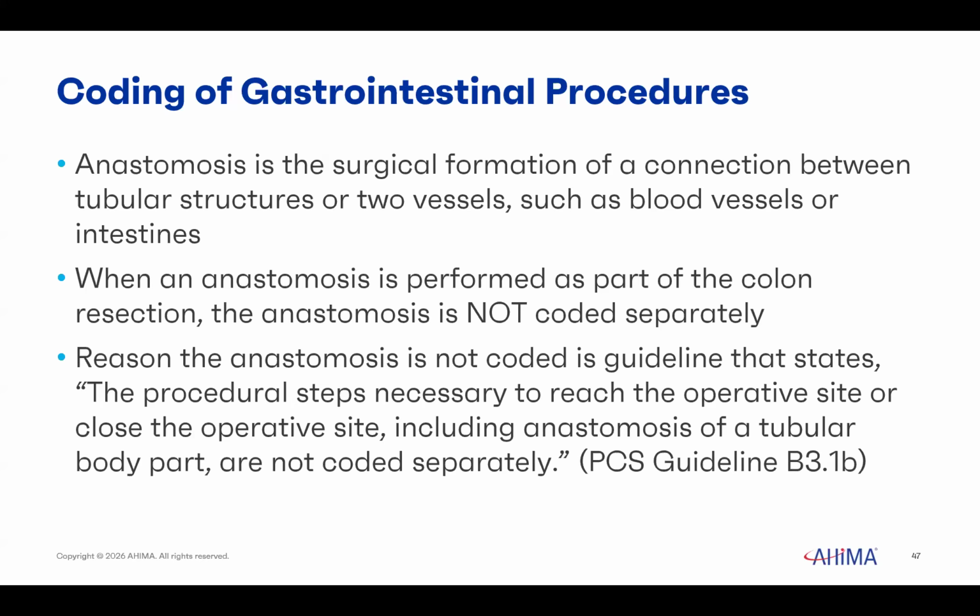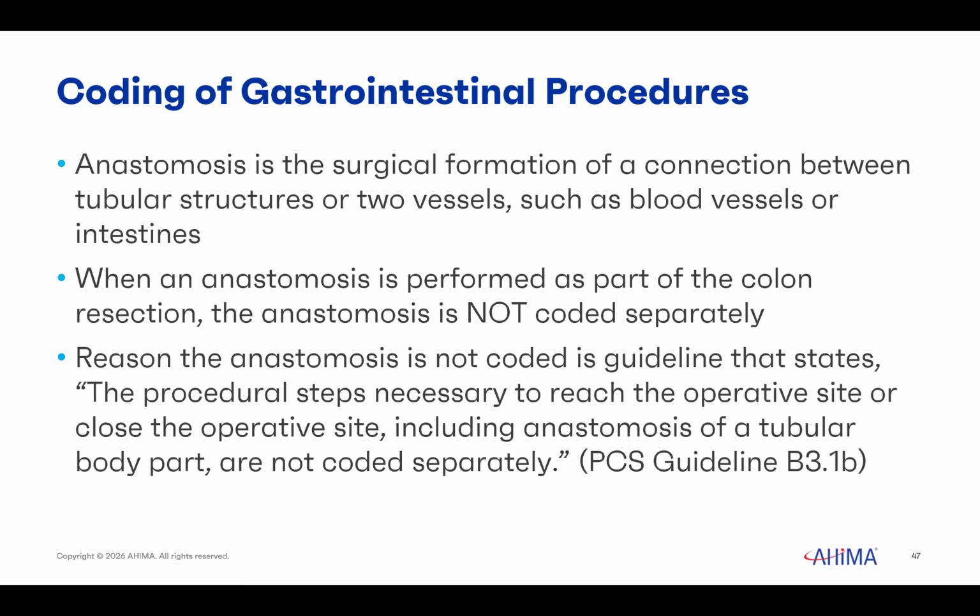The term anastomosis means forming a connection by surgery between two tubular structures or vessels. And this could be blood vessels or, in our case here, intestines. When an anastomosis is performed as part of the colon resection, the anastomosis is not coded separately, right? So if you do a low anterior resection, you have two ends of the colon, and in between, the middle parts being taken out, right?